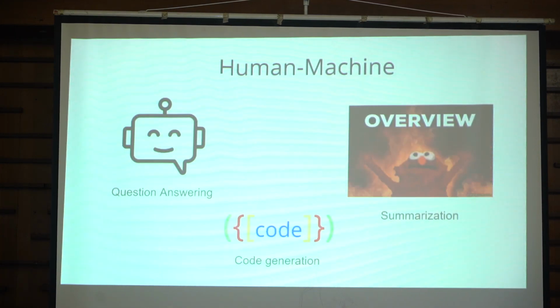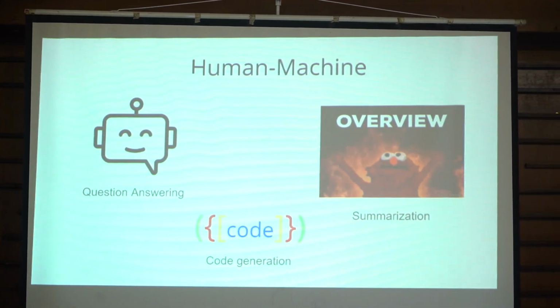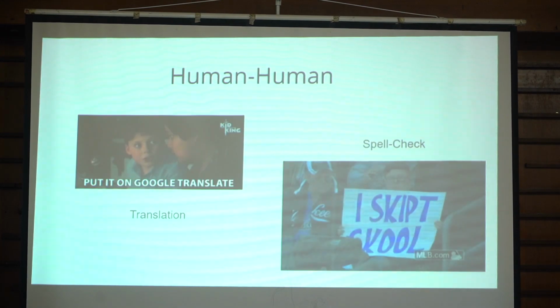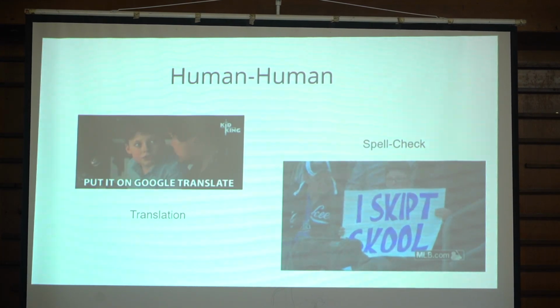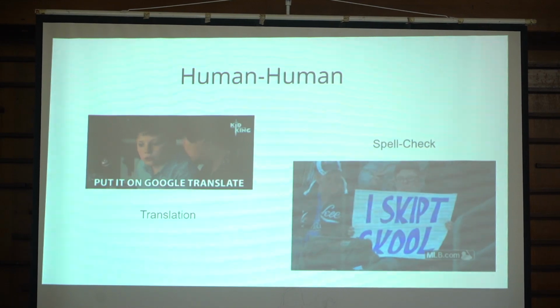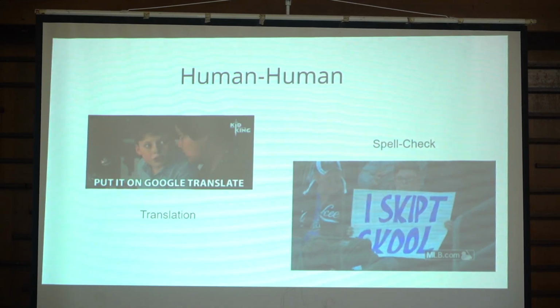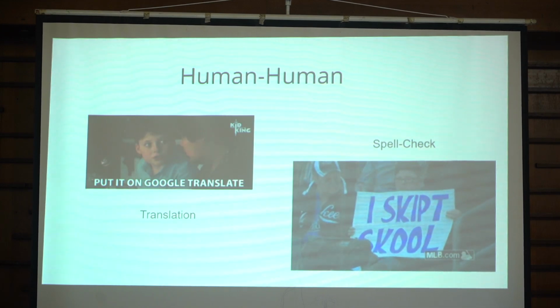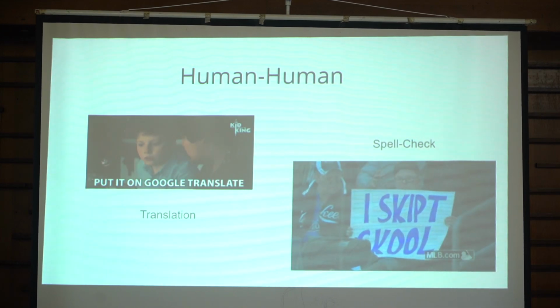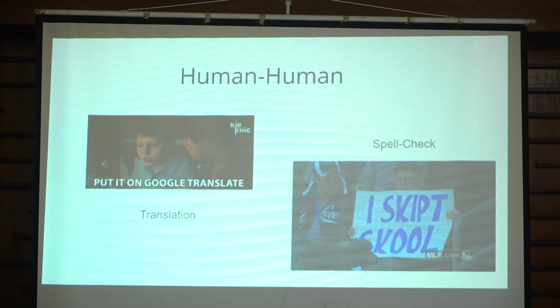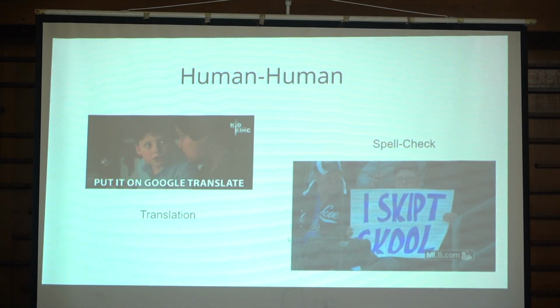Other is human-machine. Question answering, chatbots, code generation, text summarization, all these things come under human-machine interaction. Then there is human-human. Meta has these new Ray-Ban glasses, right? Which help you translate what somebody is saying in an ethnic language in real time. So what is that? That is AI enabling human-human interaction. And also spell check and other things.